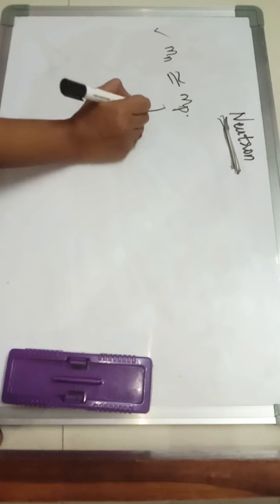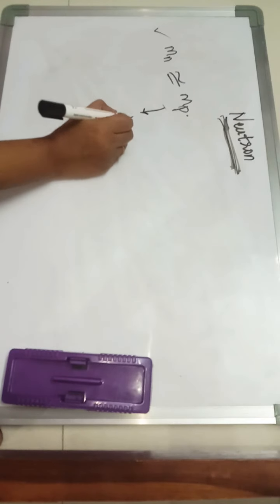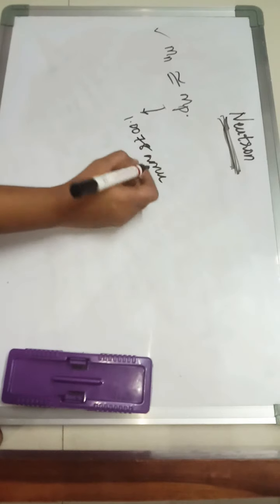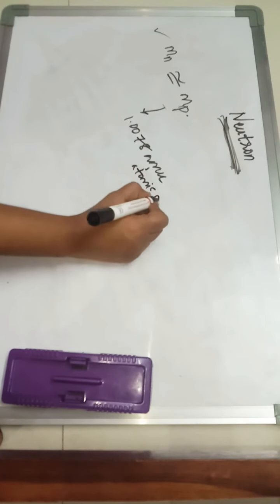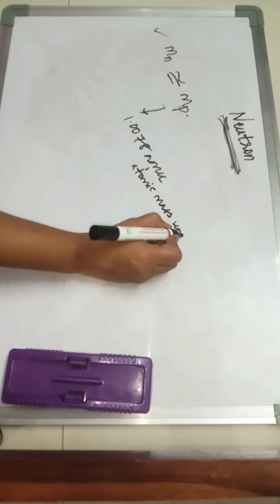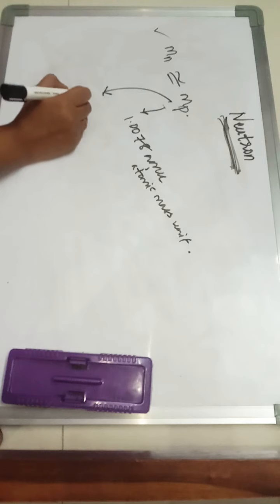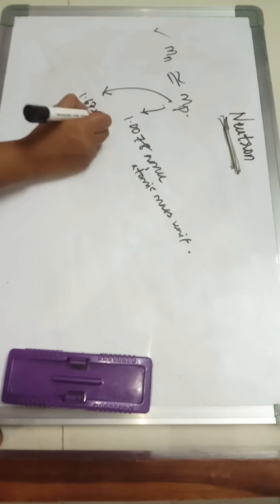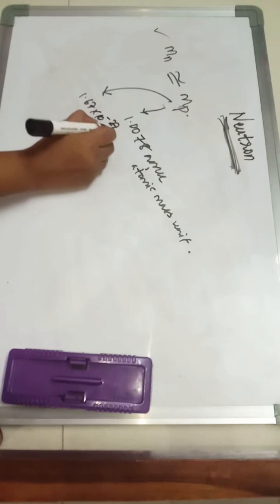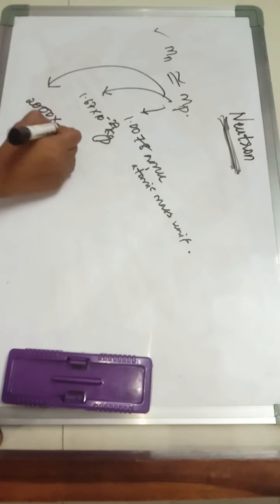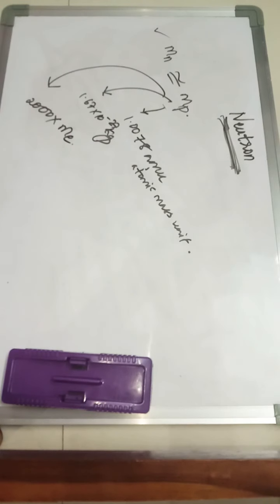Here the mass of the proton is 1.0078 AMU, or atomic mass unit, or 1.67 into 10 to the power of minus 27 kg, or 2000 times the mass of the electron.